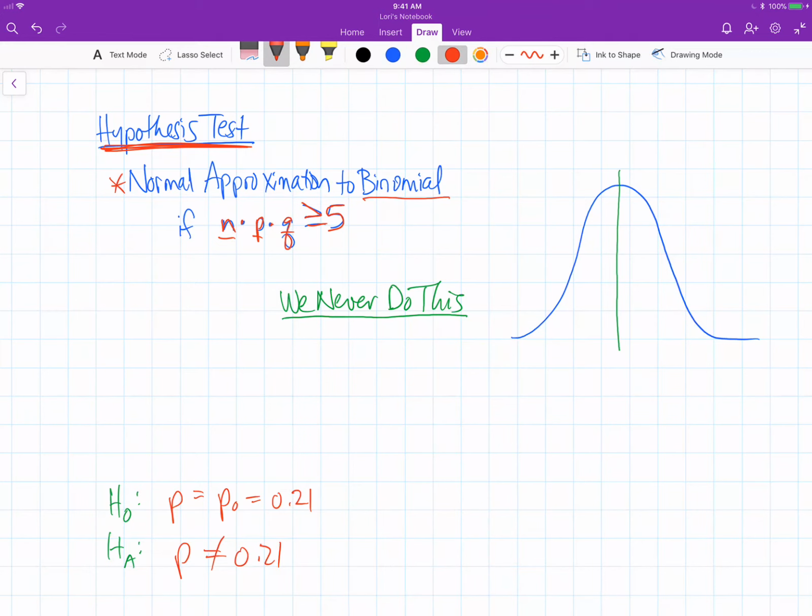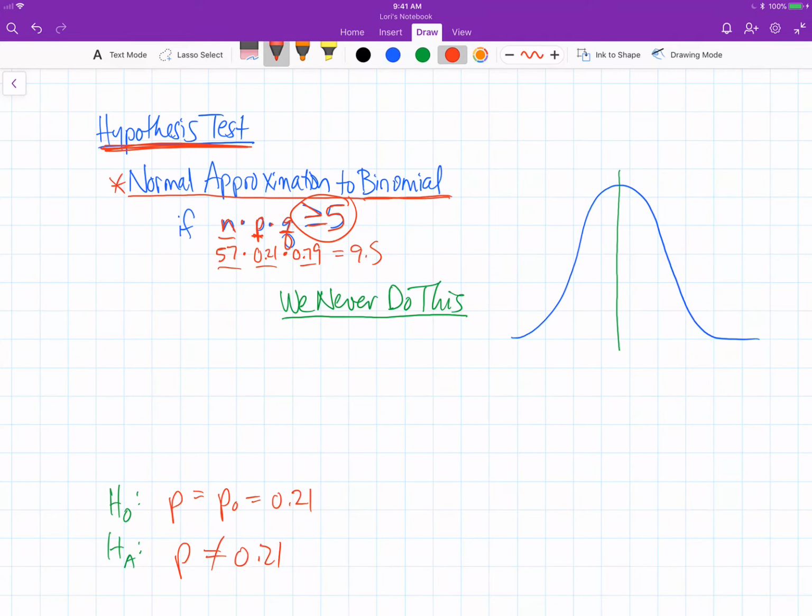Let's say we have our sample of 57. We multiply that times 0.21, times 0.21's complement, and if you remember, q is just the inverse of p. Those two added together need to equal 1, and so by default this is 0.79. If you multiply those three numbers by each other, you come up with 9.5, and that is in fact greater than or equal to 5, so we can use this normal approximation to the binomial.